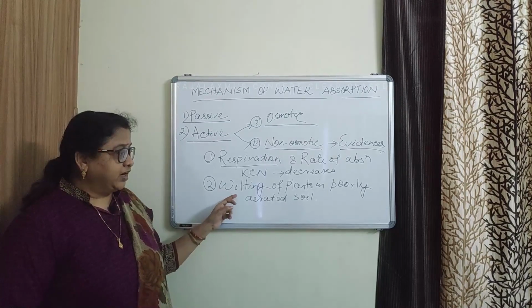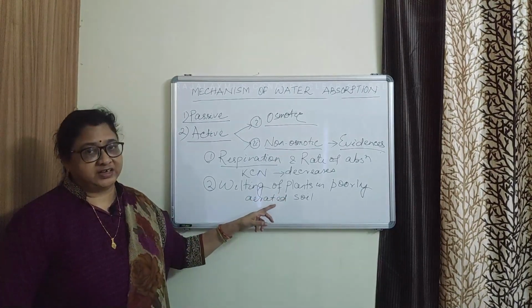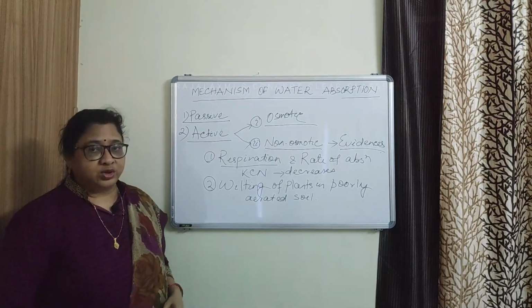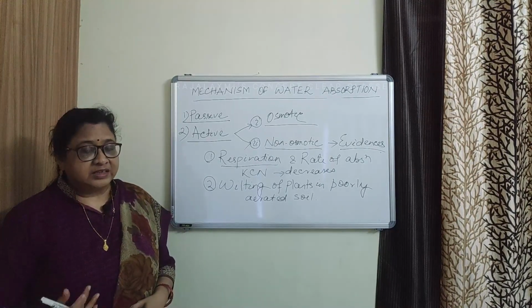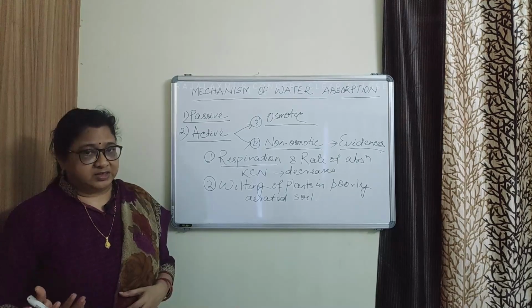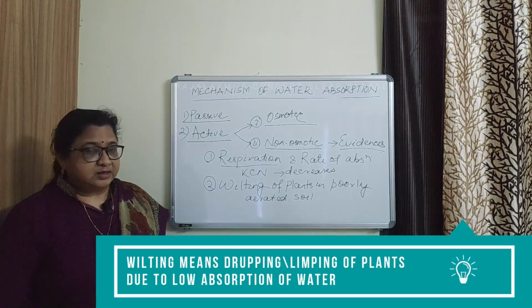The second one is wilting of plants in poorly aerated soil. The plants growing in poorly aerated or waterlogged soils show wilting. Wilting means drooping.